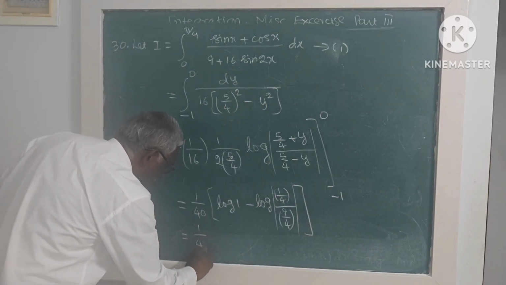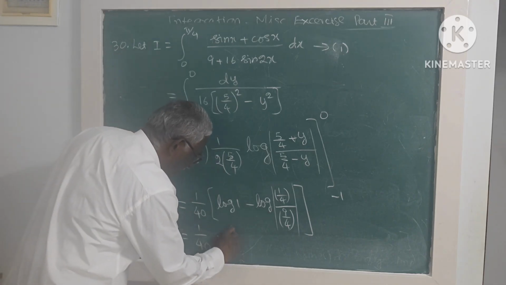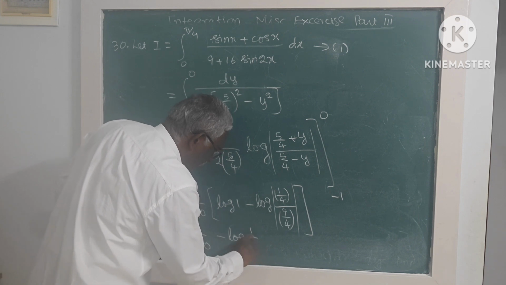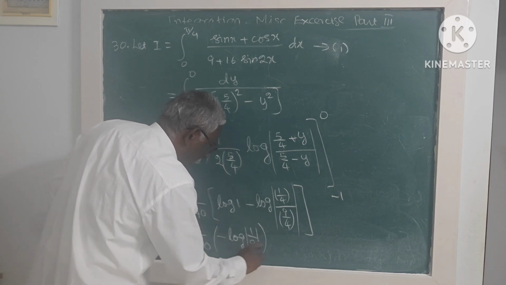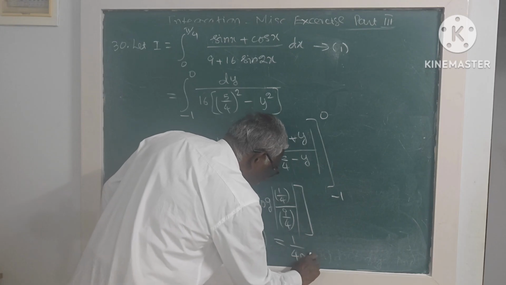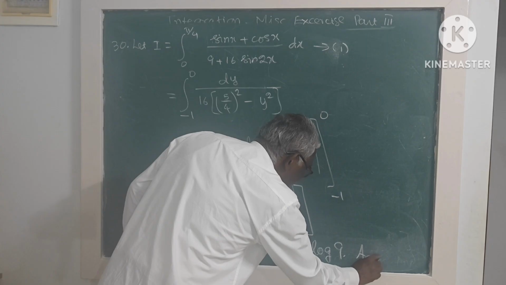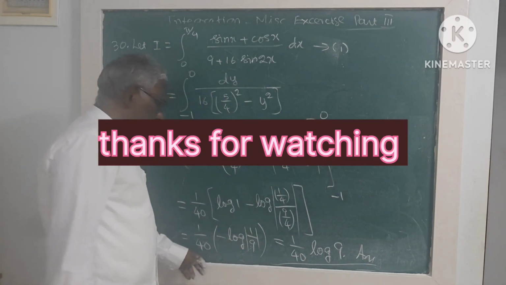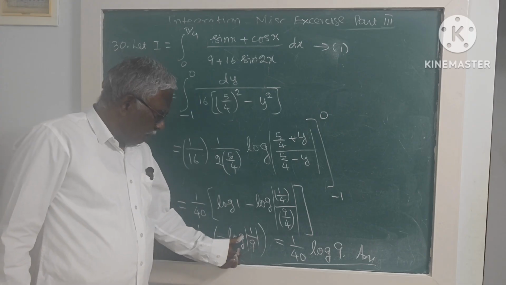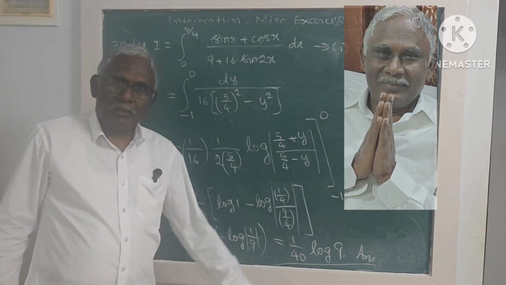So 1 by 40, log 1 is 0, so minus log of 1 by 9. So this becomes 1 by 40 times log of 9. So this is the answer. Minus n log m power n: taking this minus 1 here, then 9 comes to the numerator.